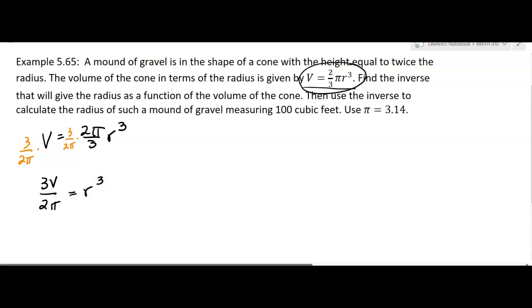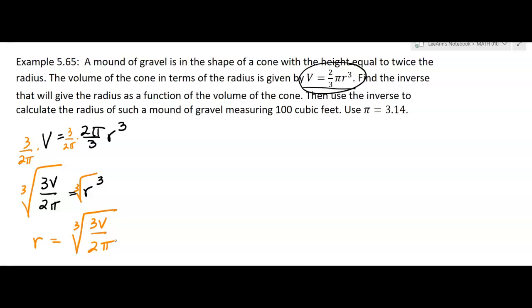Then we're going to take the cube root of both sides. And so we're going to have r equals the cube root of 3V over 2 pi. So you may remember we did something like that before. Okay, so we found the inverse, got r by itself.